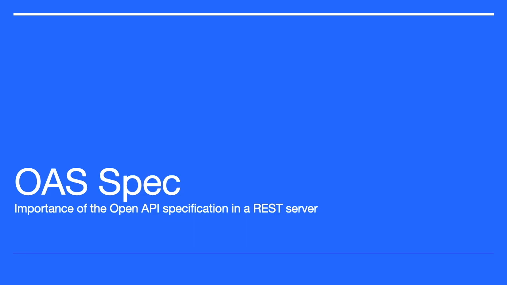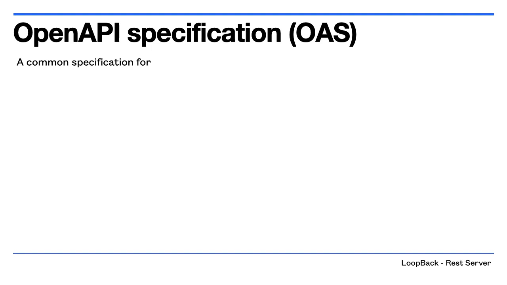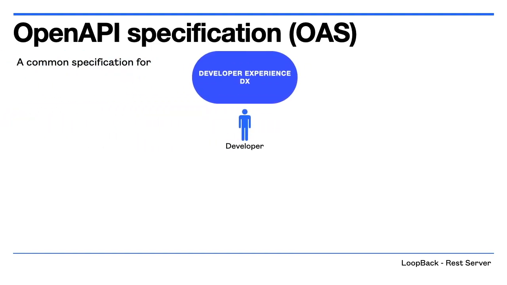So whenever you want to describe in a standard way your work in the REST API, you can use the Open API, unless of course you are a single developer working on a weekend project and probably doing something just for yourself. Well, you should not worry about the OAS specification.